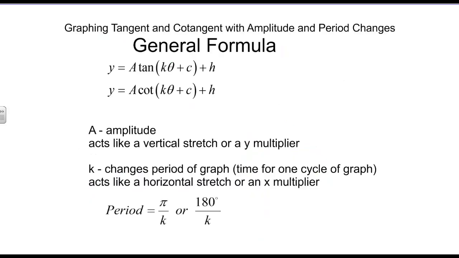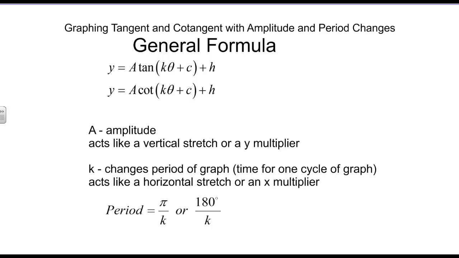So now if we take a look at some general formulas, we've got a general formula for the tangent and cotangent, which is really the same as the formula for sine, cosine, cosecant, cotangent. A is going to act like an amplitude. It's just going to stretch the graph since the range is all real numbers. It's just going to make it go higher faster.